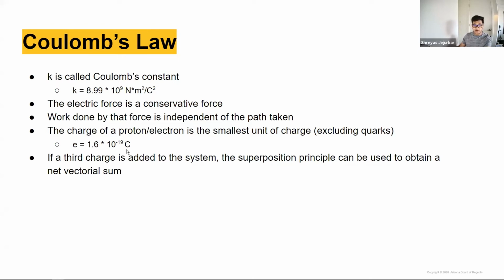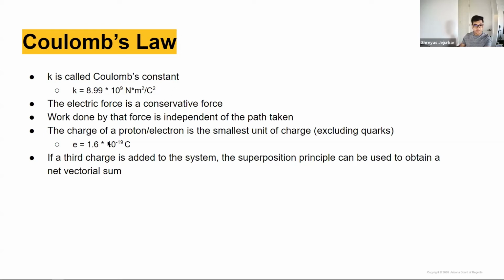And keep in mind when we're calculating electric force, that electric force is a conservative force. So work done by electric force is independent of the path taken. This is a standard principle that you guys have seen in Physics 1 quite a bit. The same principles are applicable here in Physics 2 when we're talking about electric charges and electric fields, forces, stuff like that.